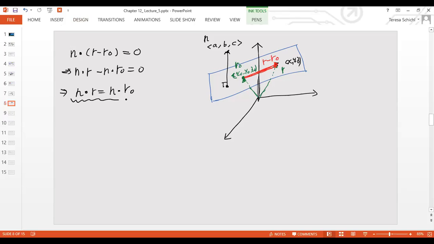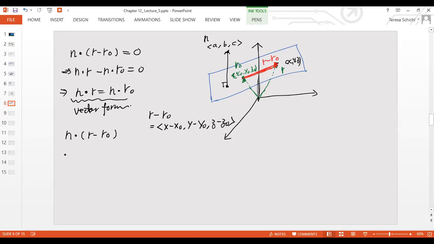So this is the vector form of a plane. If you write it out, this is n dot (r minus r0). So what is r minus r0? This is the vector (x minus x0, y minus y0, z minus z0).